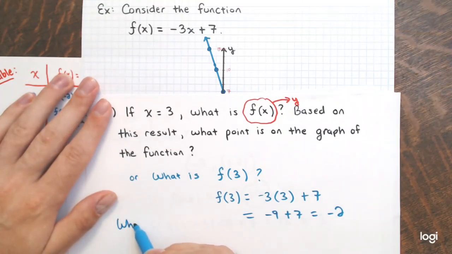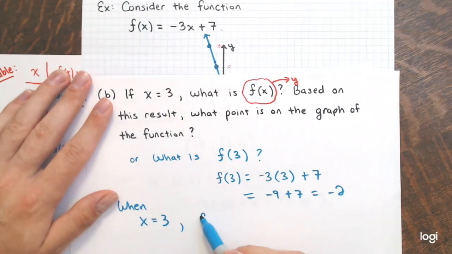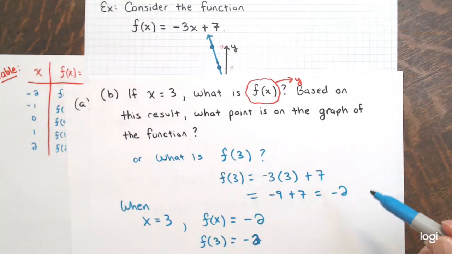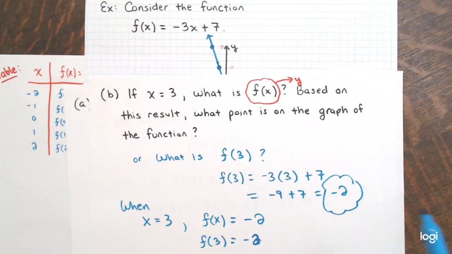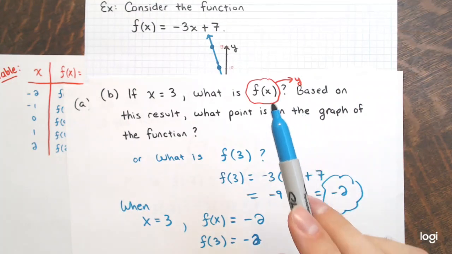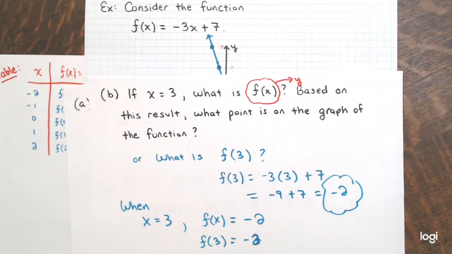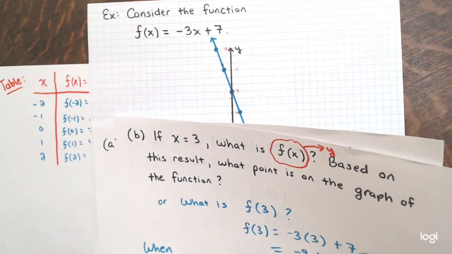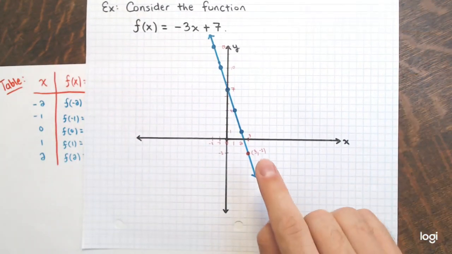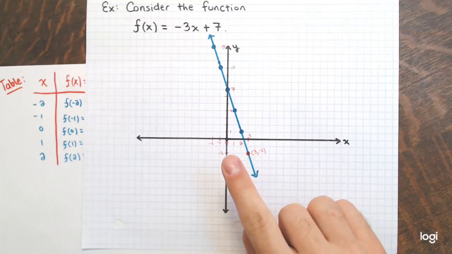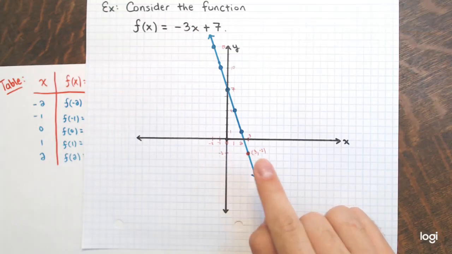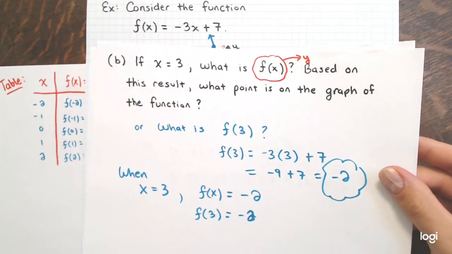So when x equals 3, f of x equals -2, or f of 3 equals -2. That's the y coordinate, the answer right there, -2. The y coordinate when the x coordinate is 3 is -2, and you're also seeing that in my picture. When I drew the graph, f of 3 is negative 2. Great.